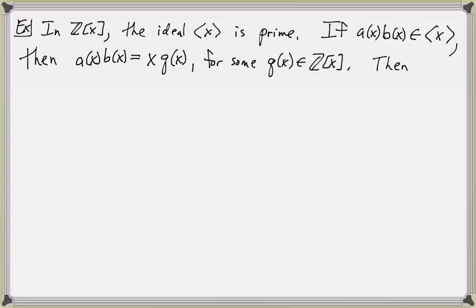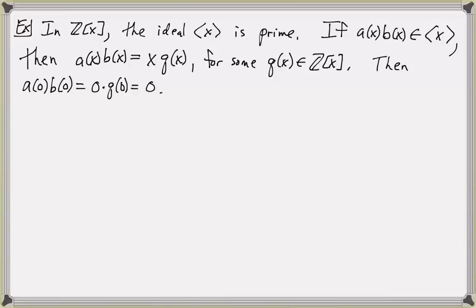Then let's plug in 0 into this previous equation. So then a of 0 times b of 0 equals 0 times q of 0, which equals 0. Now this is an equation involving only integers.